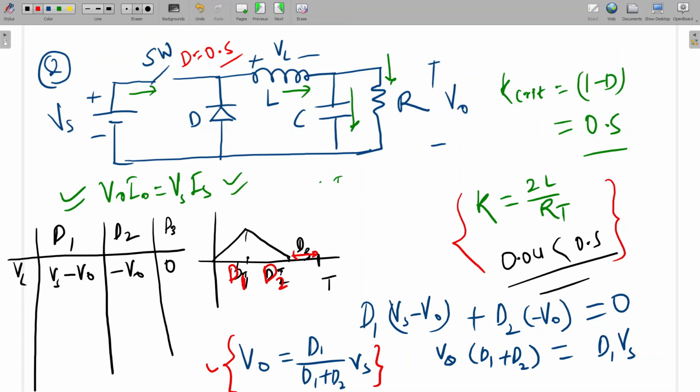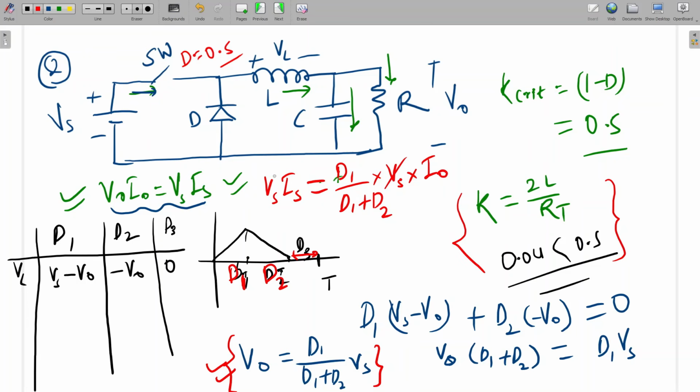So this is the equation of the voltage. How can we derive the current equation? Just apply this. What will be the source current? Vs Is we can write as V0 I0. V0 will be D1 divided by D1 plus D2 into Vs, into I0.